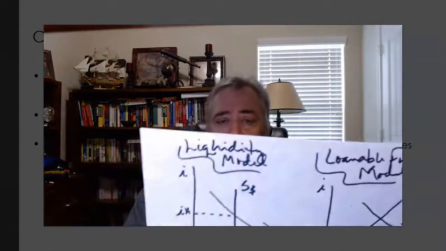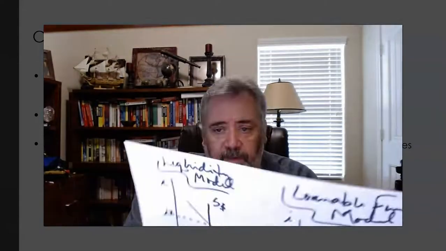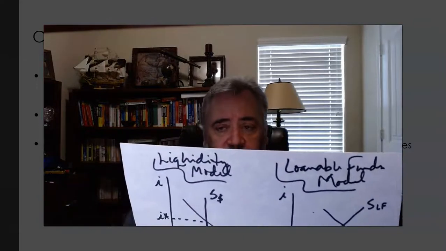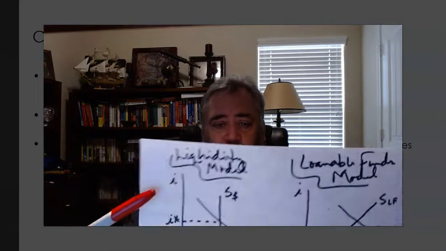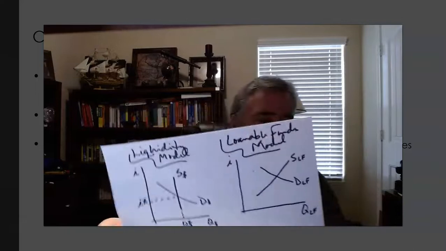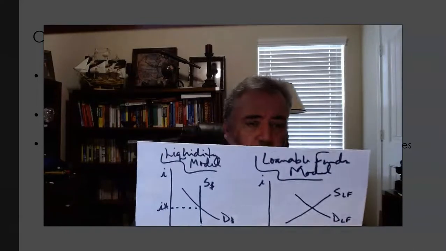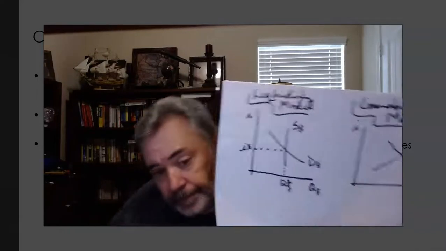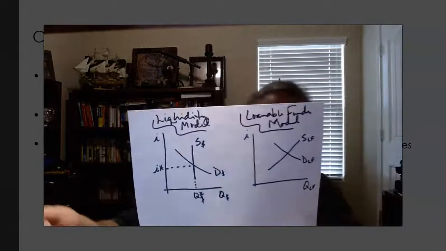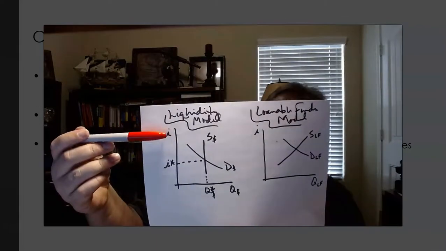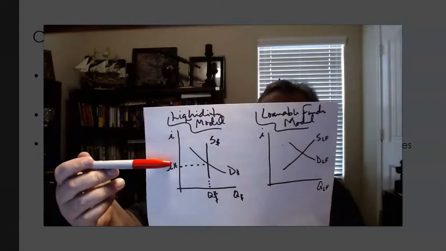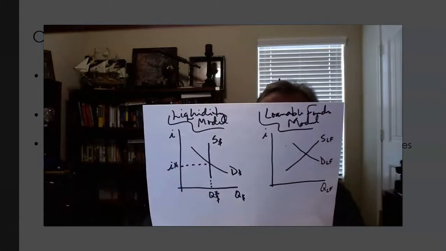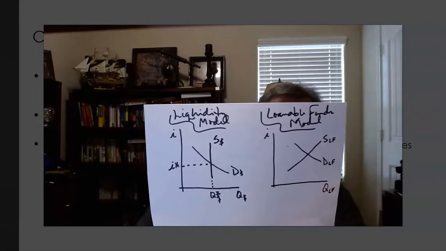And so this is known as the liquidity model or the money market model. This is the money market. Demand, of course, is downward sloping, and over here we have interest rates. Here's liquidity, and here's the equilibrium interest rate. And here's the equilibrium quantity of money.